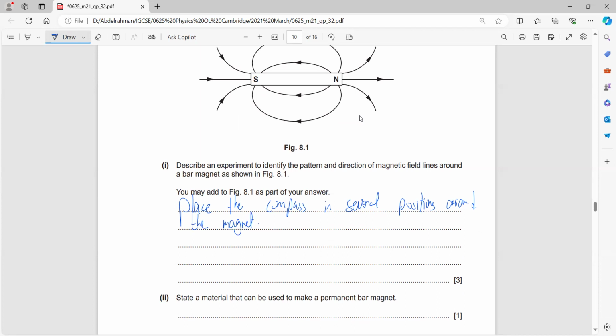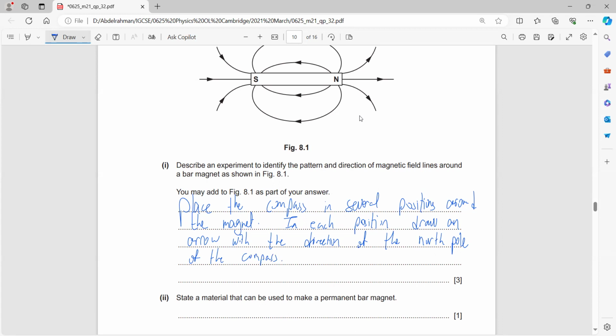And then, in each position, draw an arrow with the direction of the north pole of the compass.